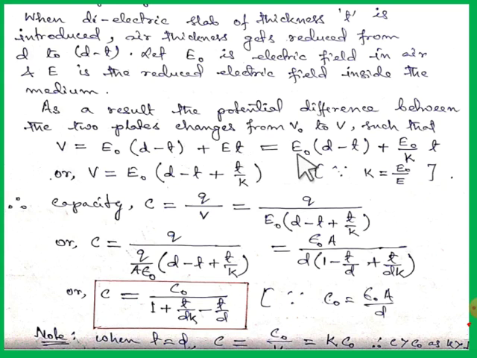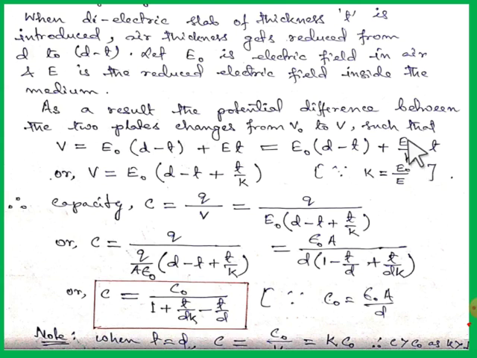Got it? So this will be equal to E naught into D minus T, as it was there, plus this electric field in the dielectric slab having thickness T.